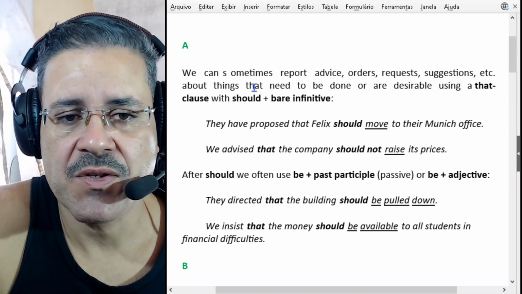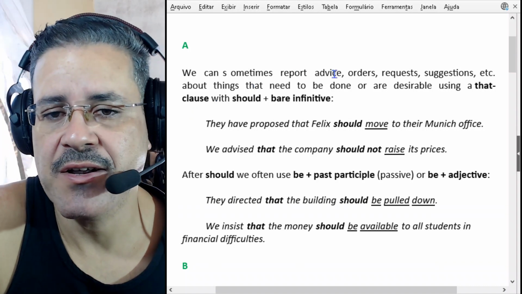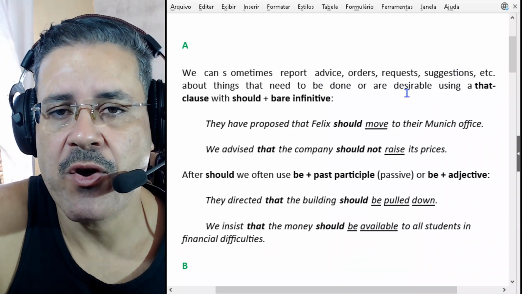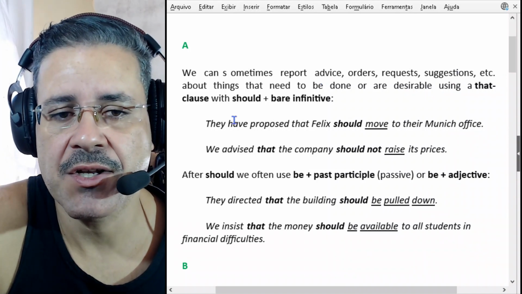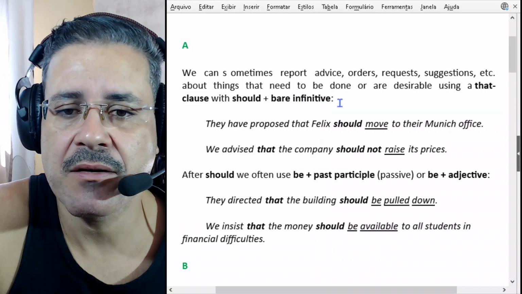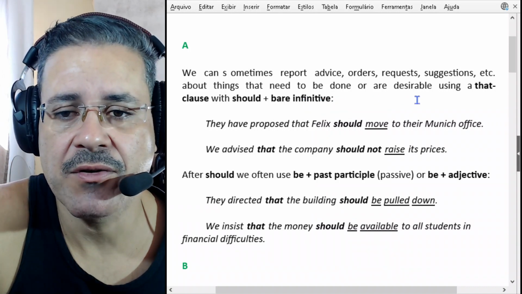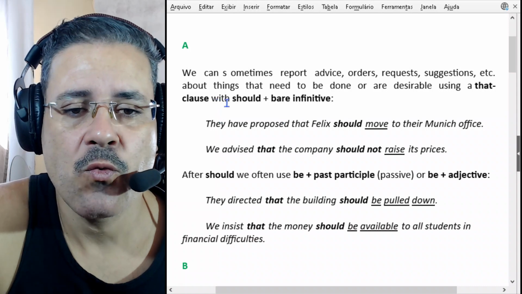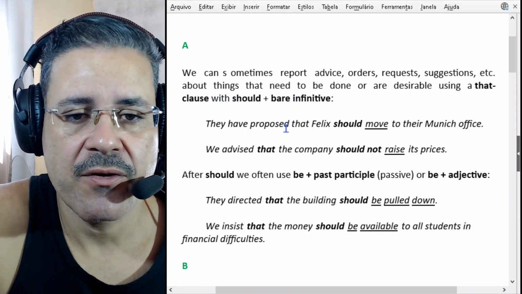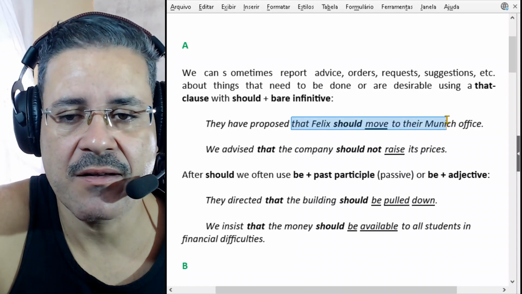We can sometimes report advice, orders, requests, suggestions, etc. about the things that need to be done or are desirable using a that clause with should plus bare infinitive. For example, we've got here again a that clause.